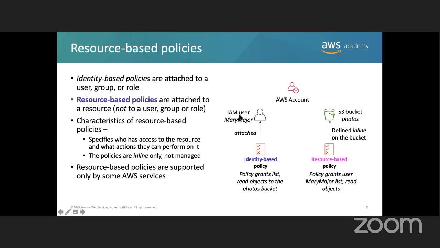An entity can be a group, a role, or a user. This policy grants list and read objects on the photo bucket, and this policy grants user Mary Major list. Of course, this is kind of crossed here, because Mary Major is supposed to be here, not here. So it's something that has to be fixed.